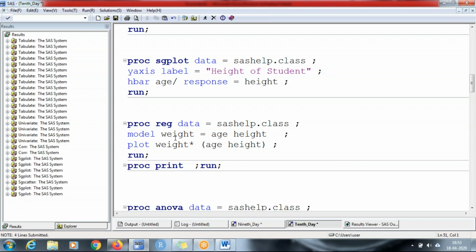So this is my dependent variable and these are my independent variables. So I am writing my model over here. And at the same point of time, I want a plot of this model. So I'm writing weight into age, height.